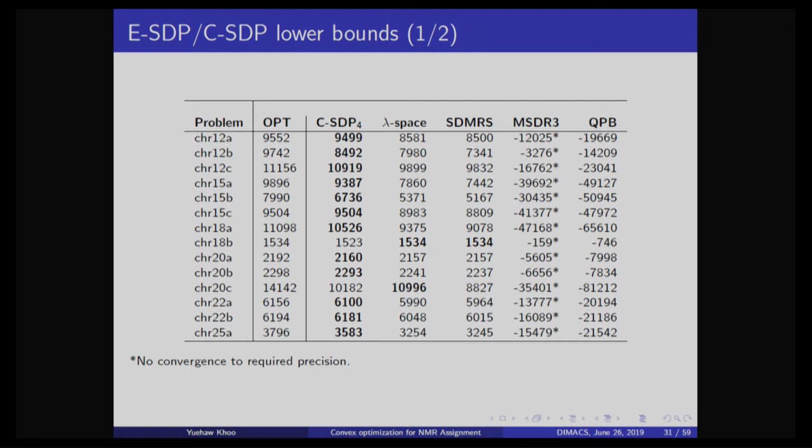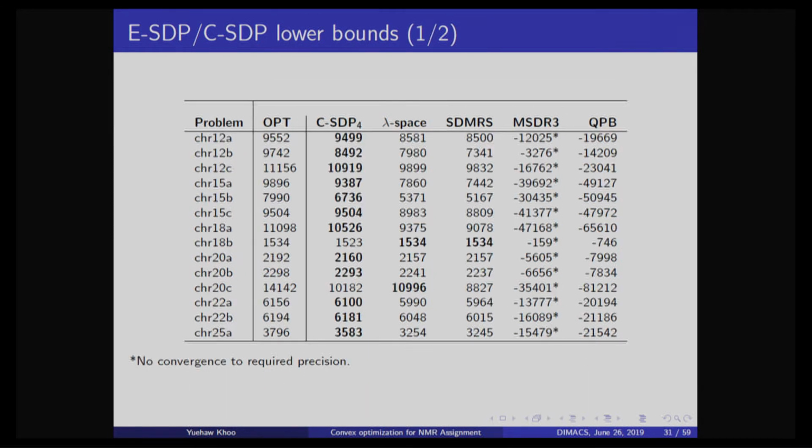We're not comparing with the original big SDP relaxation because it is simply too big to run for these examples. And for this type of sparse graph, we're getting very competitive lower bounds compared to existing n squared by n squared convex relaxations. This SDMRS is the Peng and Mittelmann convex relaxation.